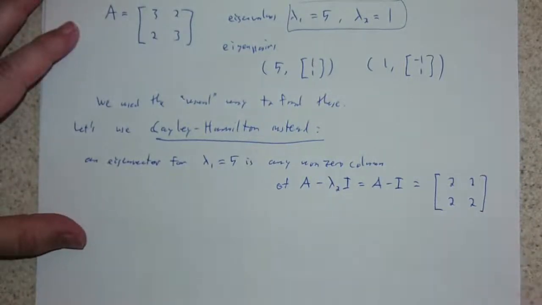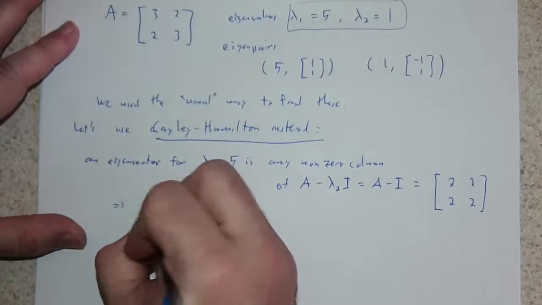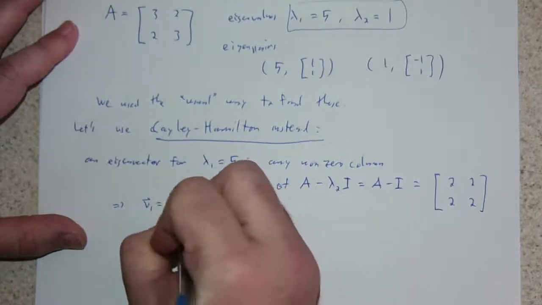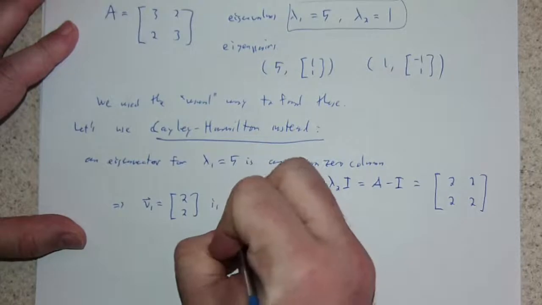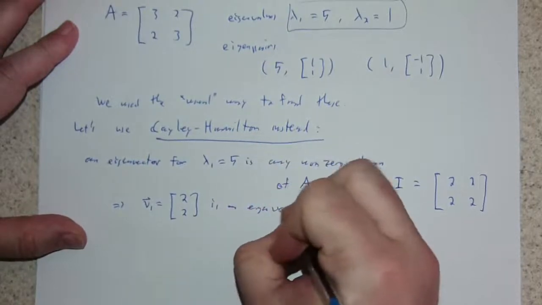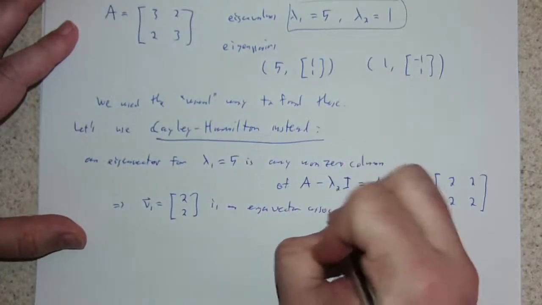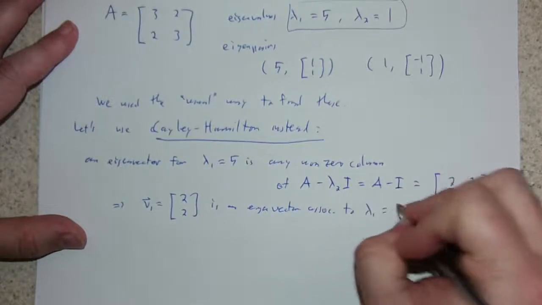I.e., v1 equals (2, 2) is an eigenvector associated to lambda 1 equals 5.